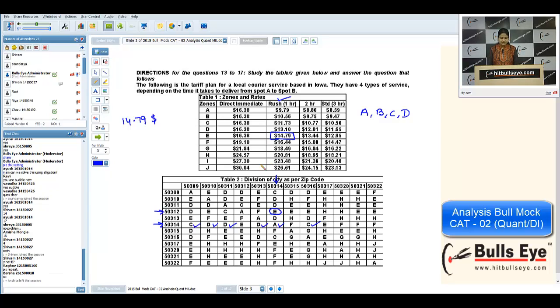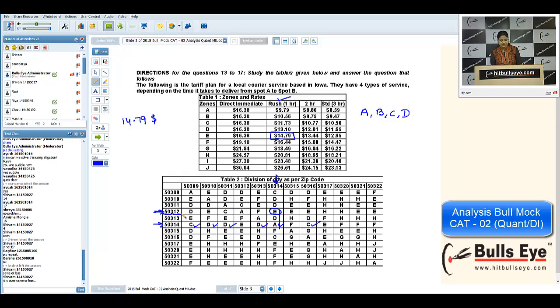Once again, Raghav, see, Sally is staying at 5312 and she wants to send a packet to 5314 using the rush service. First of all, I am considering this 5312 and 5314. What is the availability here? E. At E, what is the rush service cost? 14.79.